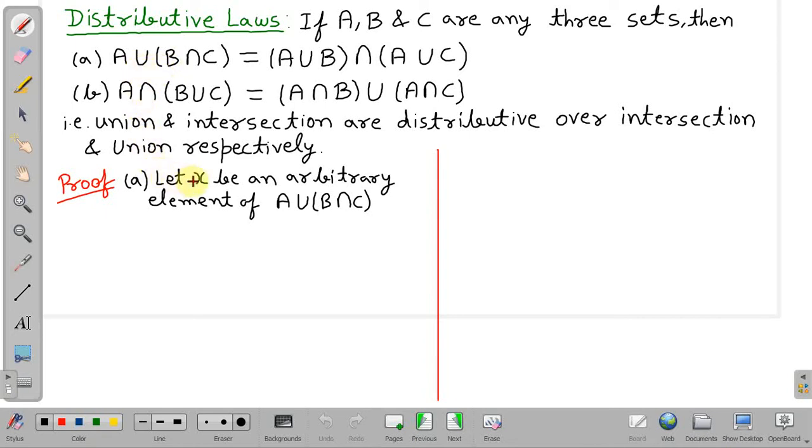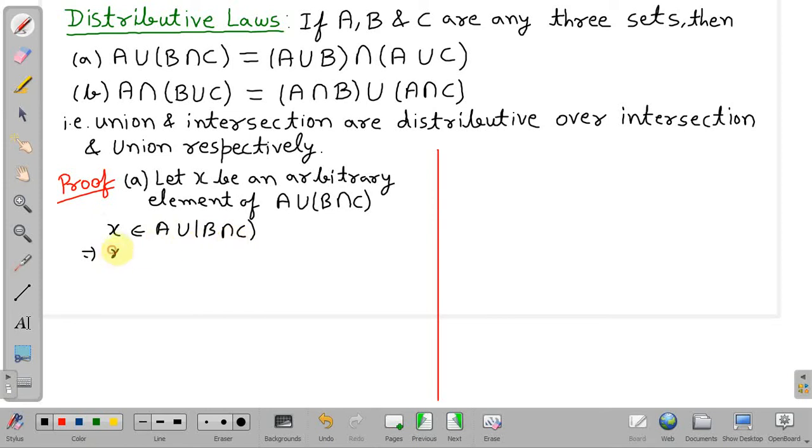So we are assuming x to be any element of set A union (B intersection C). So we can write this as x is an element of A union (B intersection C). As we know, union means OR and intersection means AND.